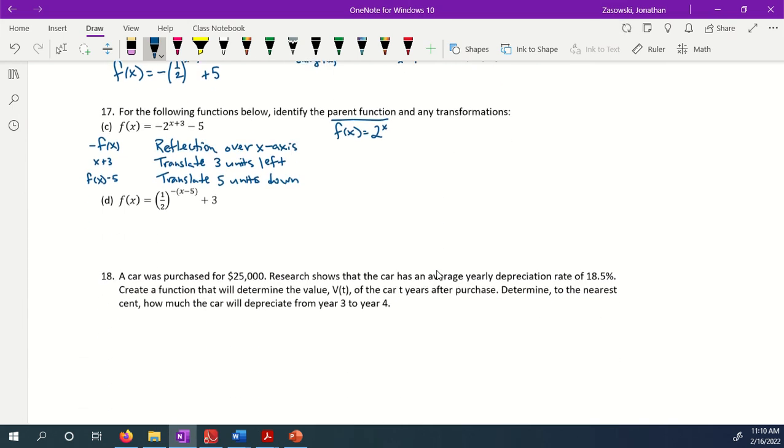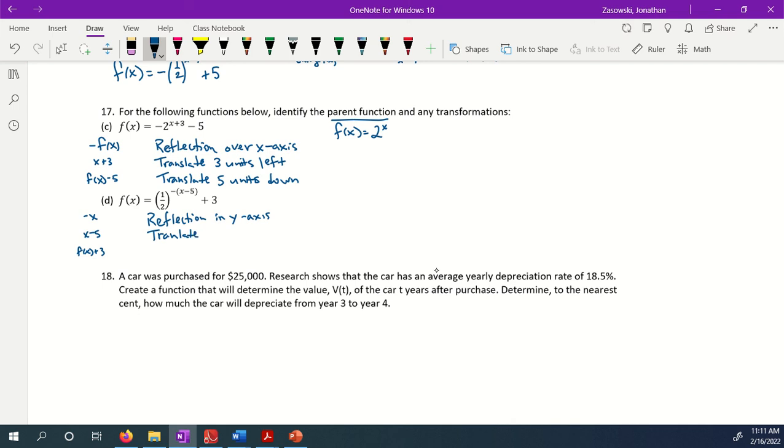And then for D, same thing. Here we are doing negative to the x, so making the x negative. We're doing x minus 5, and then f of x plus 3. So remember, what does each one do? The first one is a reflection. Because we made the x negative, it's over the y-axis. The minus 5 here is going to shift, or translate, 5 units.